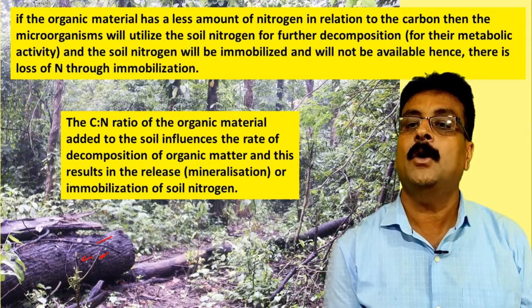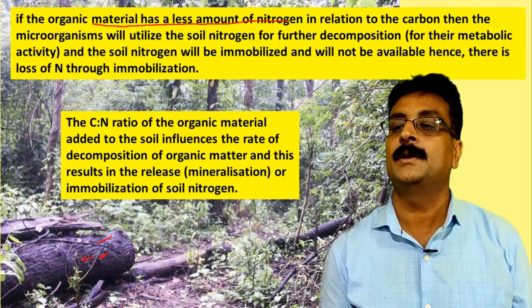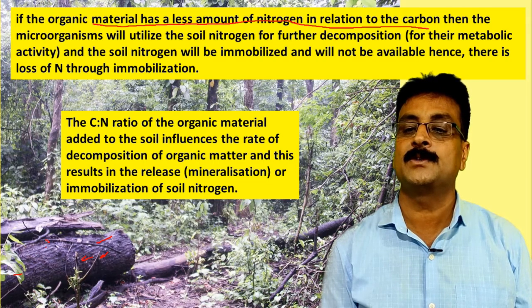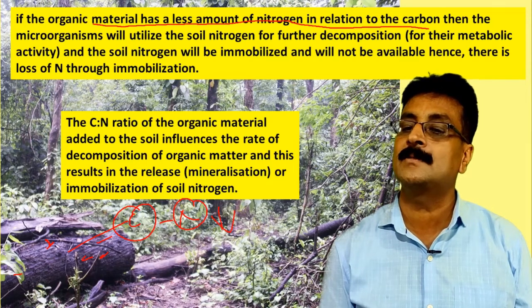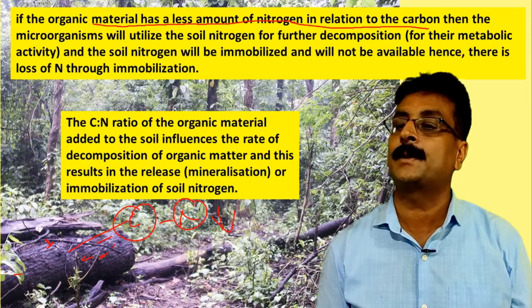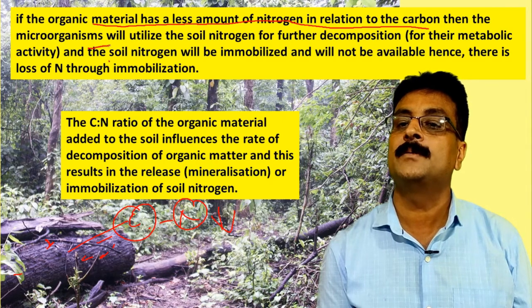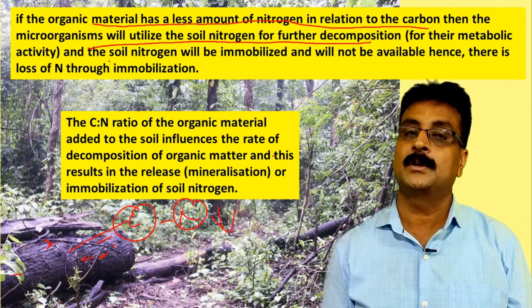If the organic material has less nitrogen in relation to the carbon, suppose this is an organism, let's take this wood, it is lying down. Here we have more carbon and nitrogen is a bit less. Obviously nitrogen will be less because it is a lot of cellulose here. Then the microorganisms will utilize soil nitrogen for further decomposition.